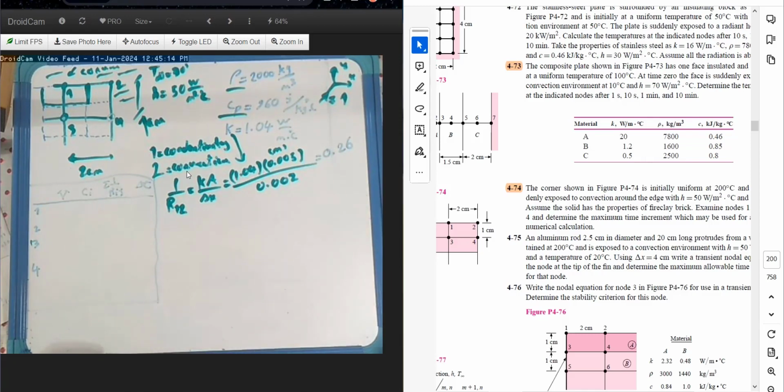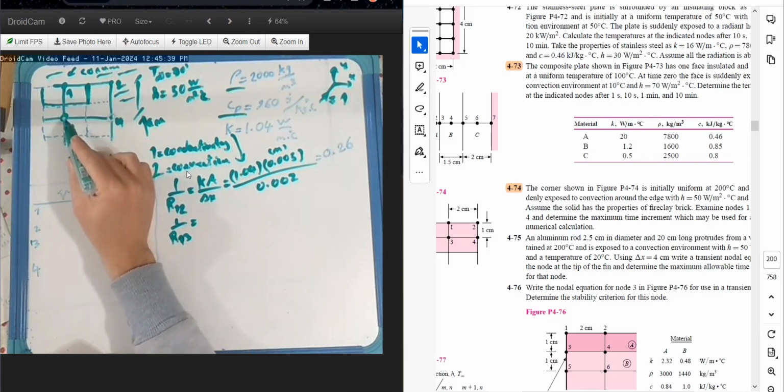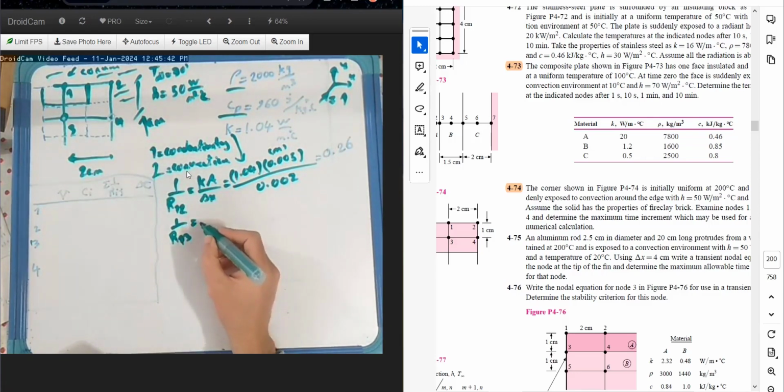So what do we have from point 1 to 3? The resistance from 1 to 3 or from point 3 to 1 is not different, because these two resistances between these two points are equal to each other.